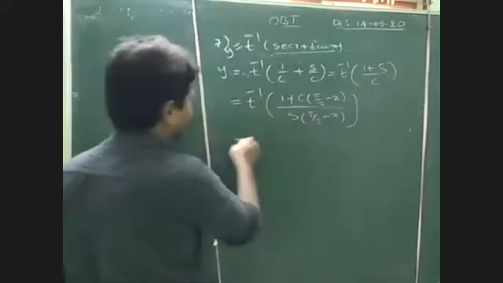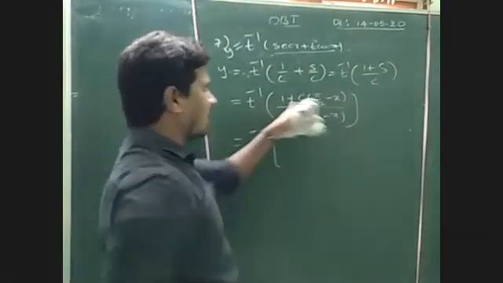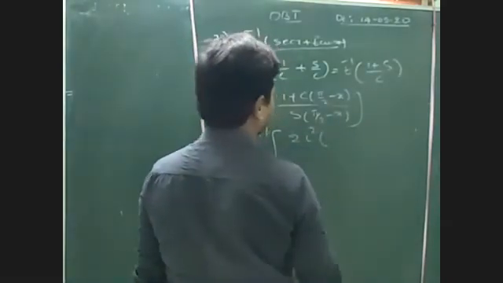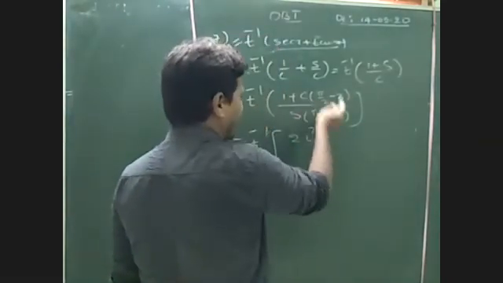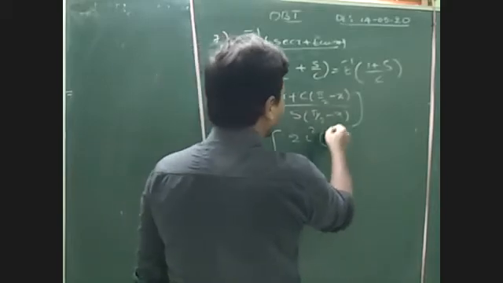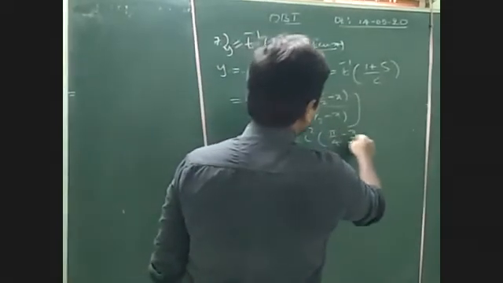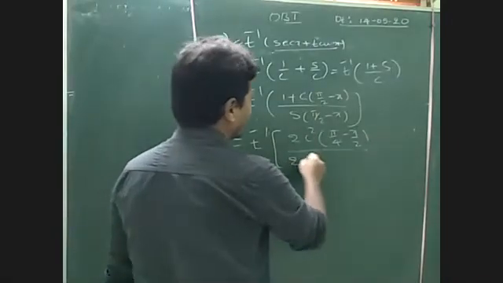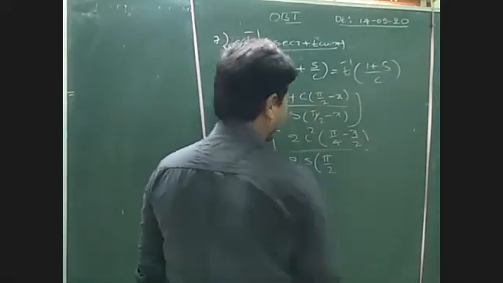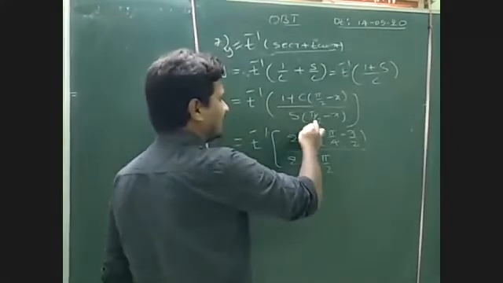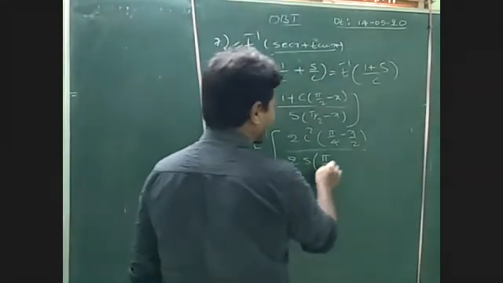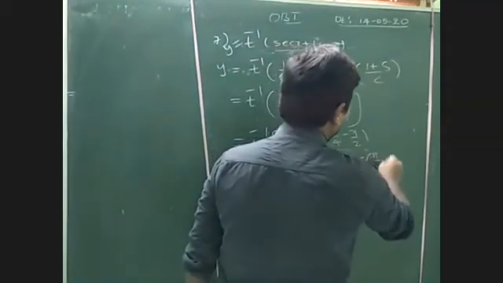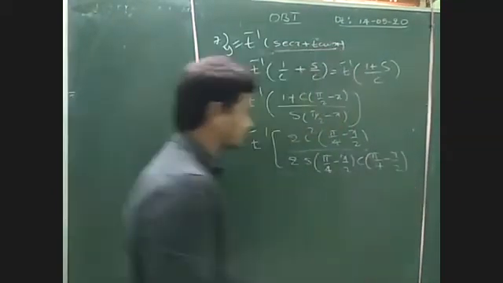Now the formula for 1 plus cos theta is 2 cos square theta by 2, and sin theta is 2 sin theta by 2 cos theta by 2, that is nothing but x by 2, with pi by 4 minus x by 2.